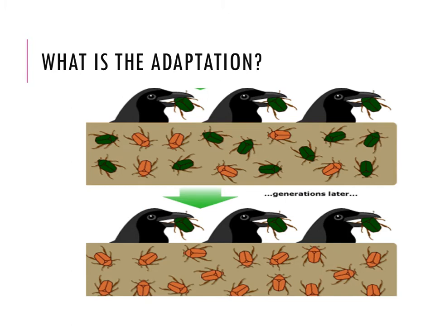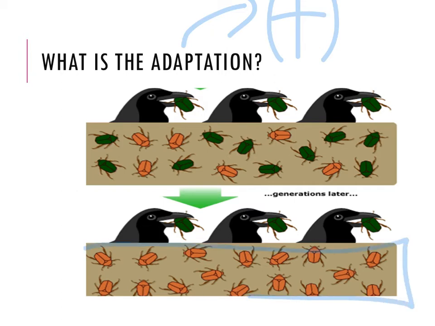So here, guys, we already went over this. I want you to think about this for a few seconds. What is the adaptation? Remember, the adaptation is the trait that is good. Correct. It is being brown color because in their environment, you're not going to get eaten because you're harder to see by the birds. You blend in.